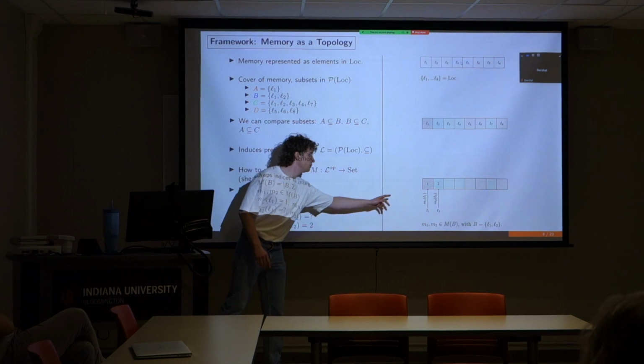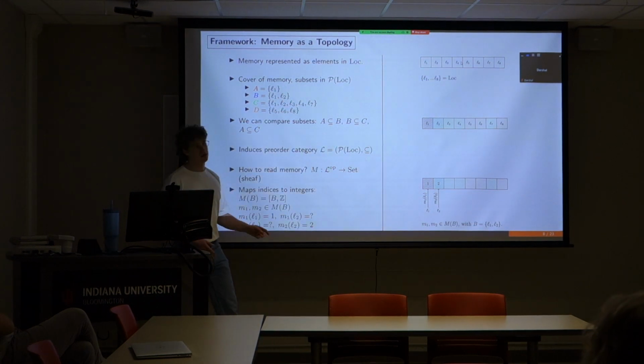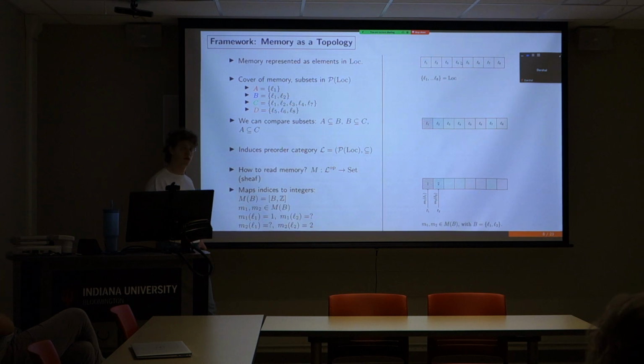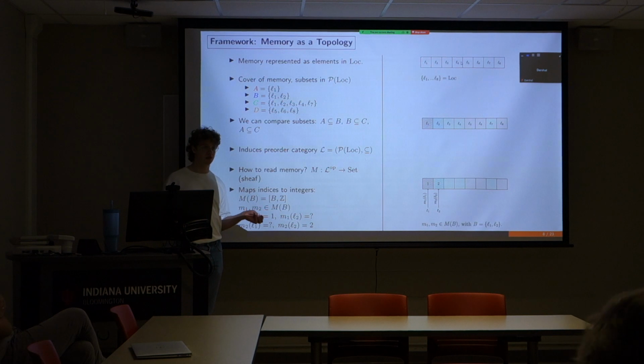As you can see here, maybe it's a little bit too small, at the memory location L1, the numeral 1 is stored. At the memory location L2, the numeral 2 is stored. So the set of all maps from memory locations L1 and L2 contains two maps, one where the value is 1 and one where the value is 2. So now we have a topological definition of memory and also a way to retrieve the contents of what is stored in memory.